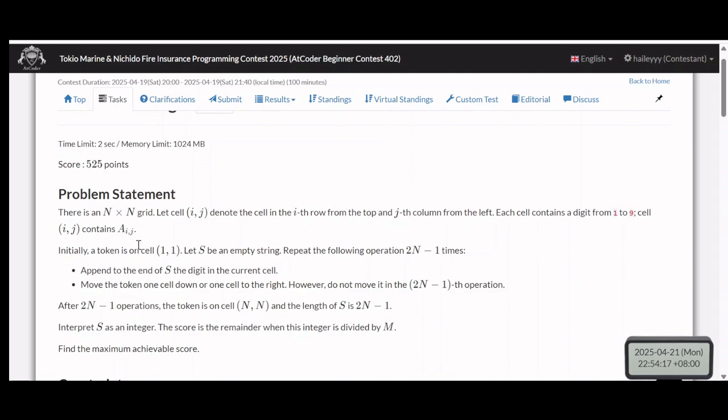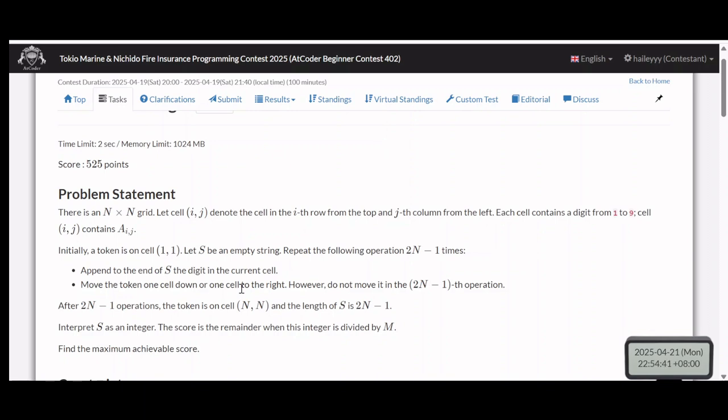And there's a token at the cell (1, 1), and we need to move it. For each operation, we need to either move the token down or to the right, and then we need to write out the sequence of digits that we visit in order.